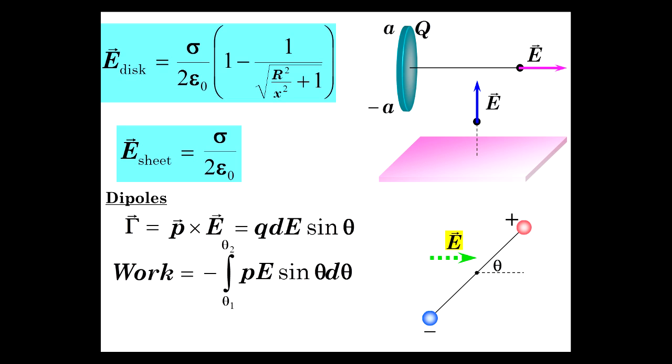Keeping in mind that theta 1 is bigger than theta 2 because this is rotating it to smaller angles, kind of like pushing something in the negative direction, this integral will evaluate to negative, and the work done will be positive work by the electric field. And then the potential energy itself is just minus p dot E, which is minus qd E cosine of theta.